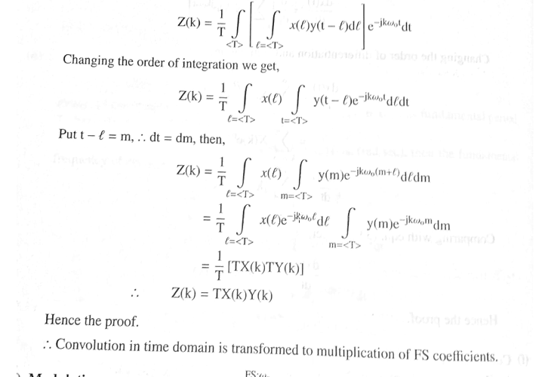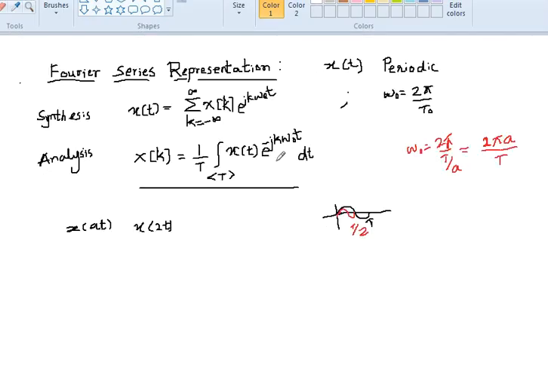X of L is there with this, as we can expand this e raised to minus jk omega naught. Let's take L here, and with this integration, which is with respect to m, let's use m, and when we split them in this fashion, we can write this 1 by t as it is, and t into here x of k. We know this integration equation is in this way: 1 by t x of t e raised to minus jk omega naught is x of k.